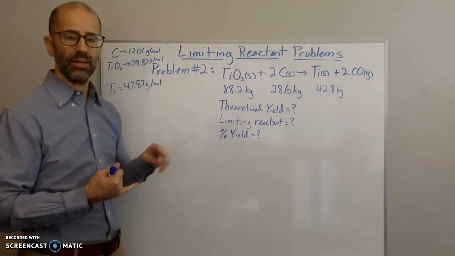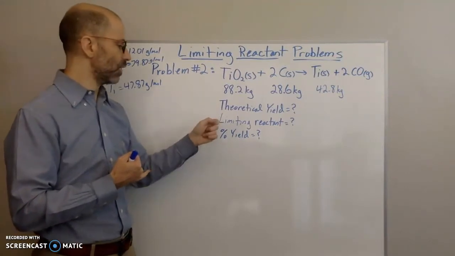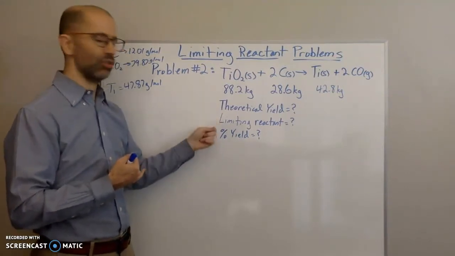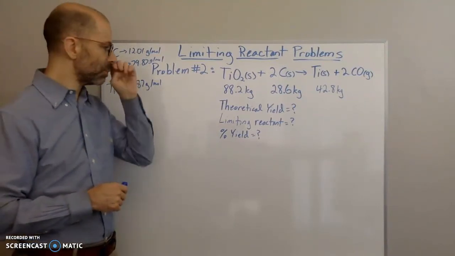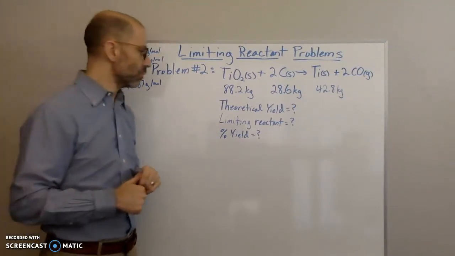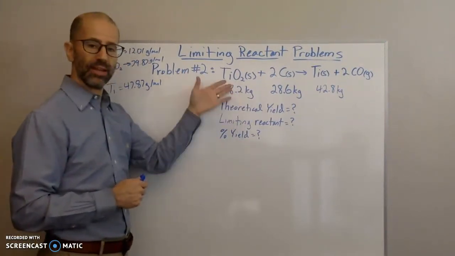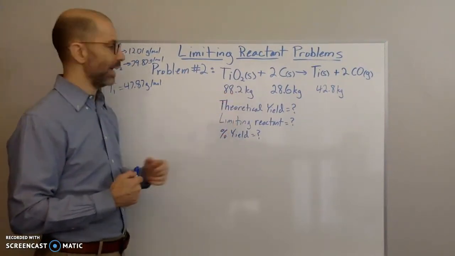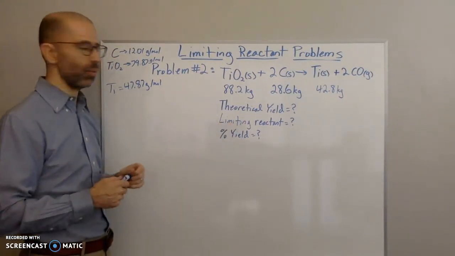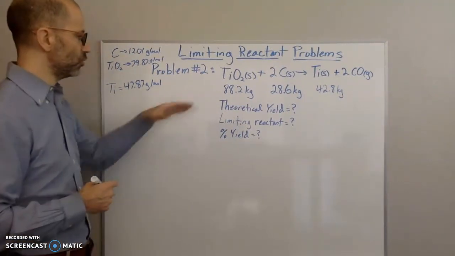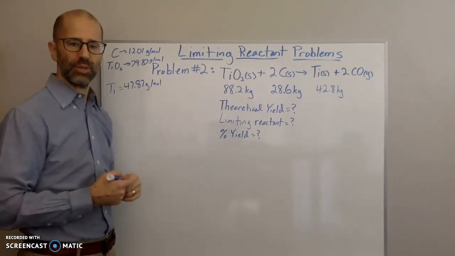That way, in the end, you'll figure out your theoretical yield and your limiting reagent, and then it'll be just one step to your percent yield. Or you could convert both of these to moles and go from there. That's another way to do it. Let's do it that way because that will lessen the number of calculations we have to do.